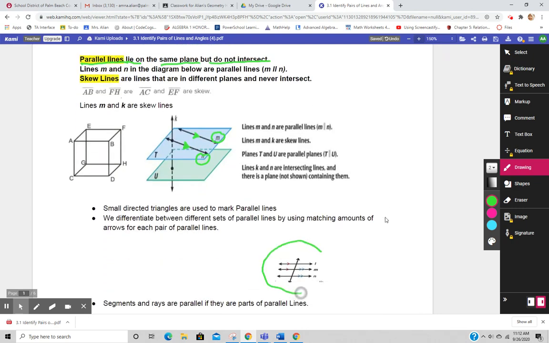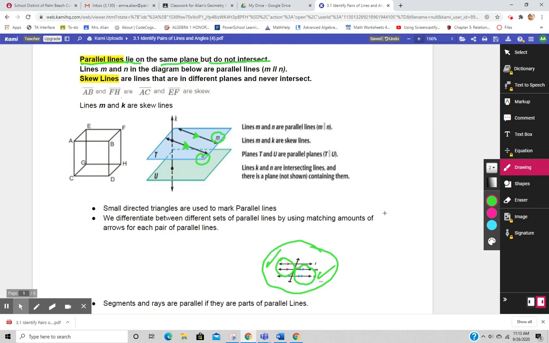So I want to show you this example so you can see that we differentiate between one set of parallel lines and another by using the same amount of matching arrows. Okay, so these two lines are parallel to each other. These two lines are parallel to each other by the indicated matching marks.